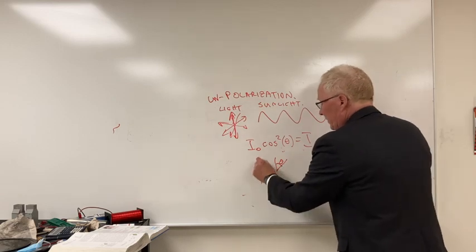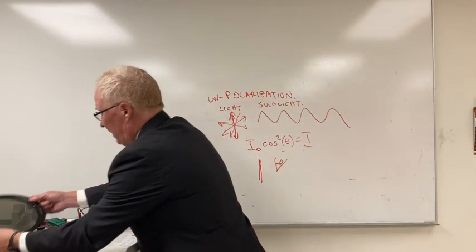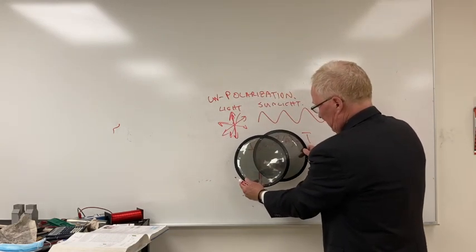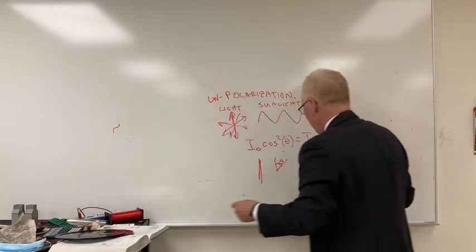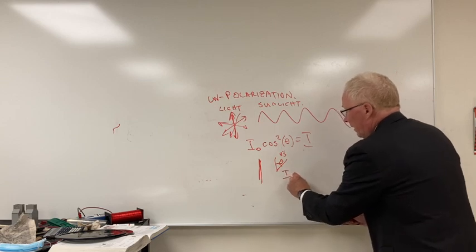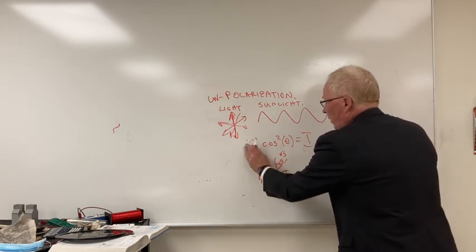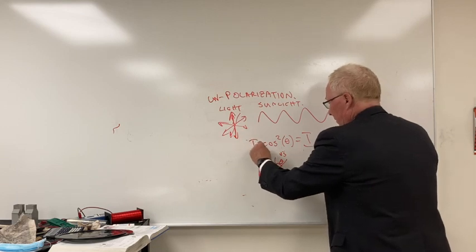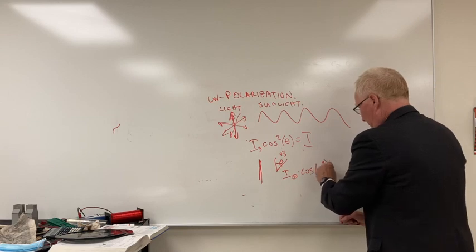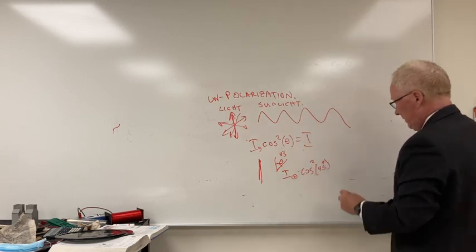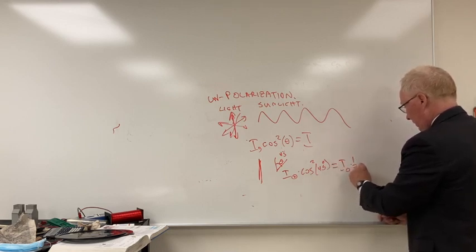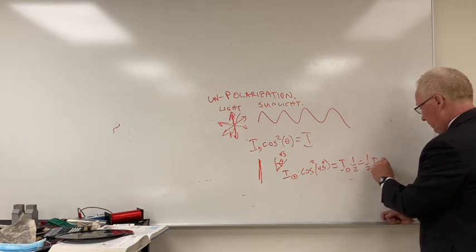Say this one comes in, and the other one is at 45 degrees. Let's make this I naught. So I naught times cosine of 45 degrees, squared, is I naught times a half, so it'll be one half I naught.